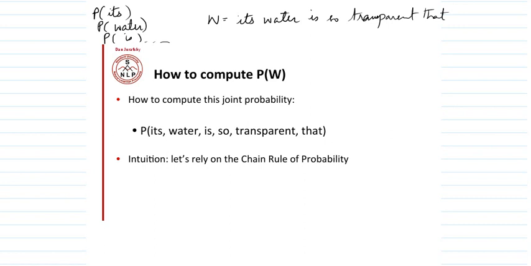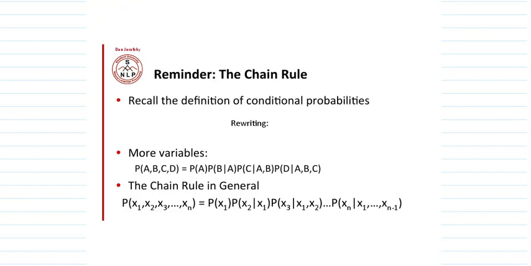So when we have to calculate the joint probability of a given sentence, the intuition says that we can directly apply the chain rule. So what is the chain rule? The chain rule is a general rule of probability in which, if we are having n variables, we can calculate the joint probability by decomposing it into smaller probabilities, right?